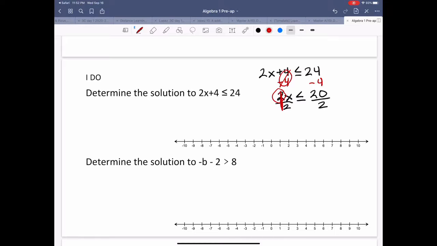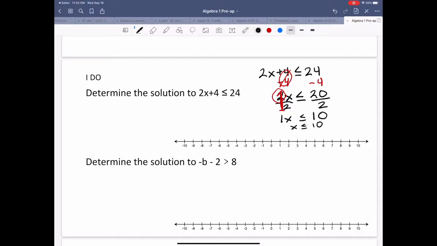So I like to draw 1 there to show that that gives us a 1. So I'm left with 1x is less than or equal to 20 divided by 2 gives us 10. And essentially you don't need to write that 1 right there in front of the x. So you could just write it as x is less than or equal to 10.